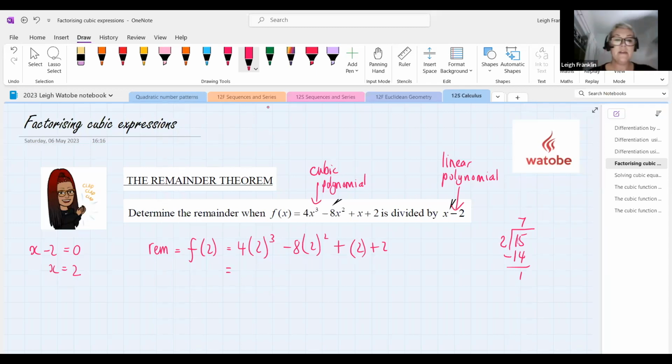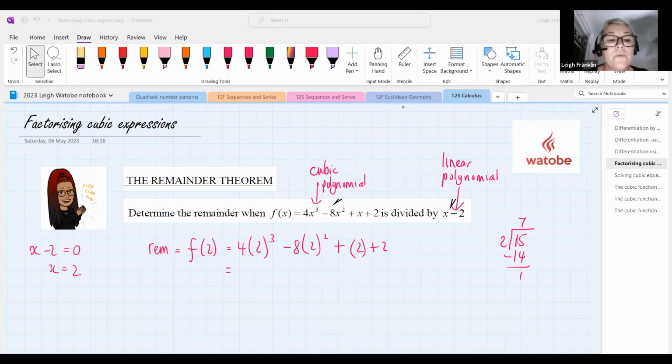Okay, so in this case, you guys can work it out. What is my remainder? What are you guys getting as an answer? That's it. Okay, good, well done.